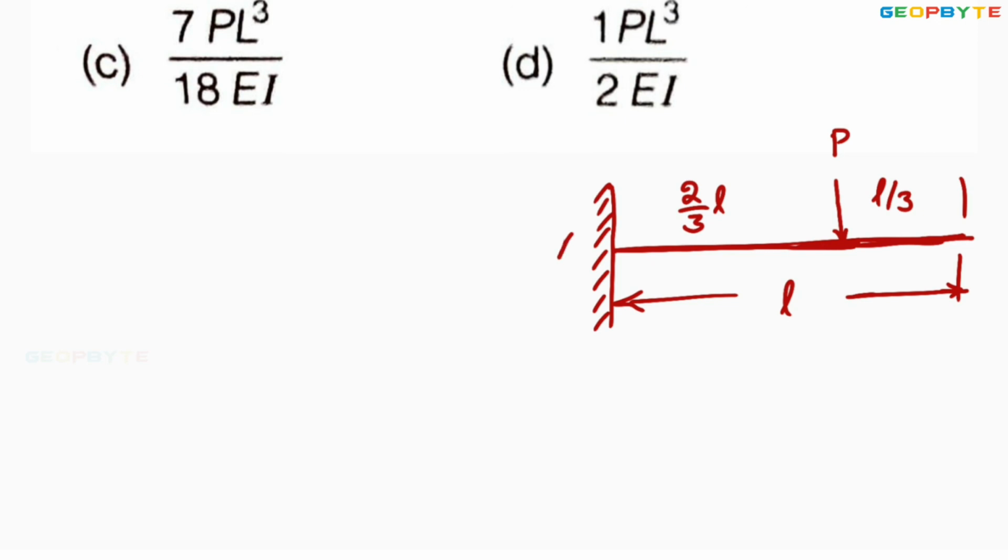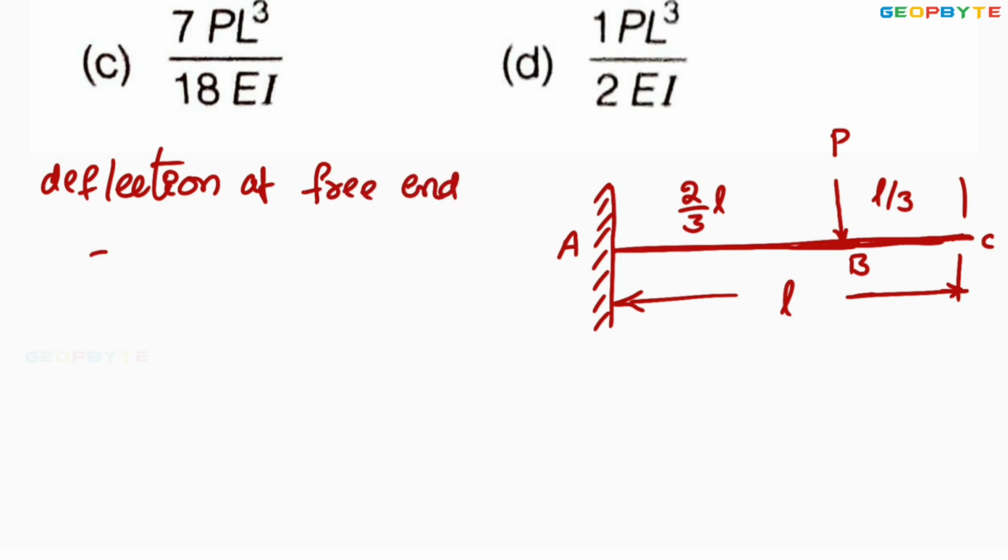Let the fixed end be A, the point where the load is concentrated be B, and the free end be C.